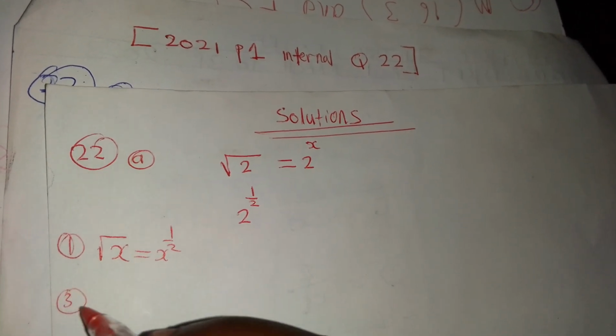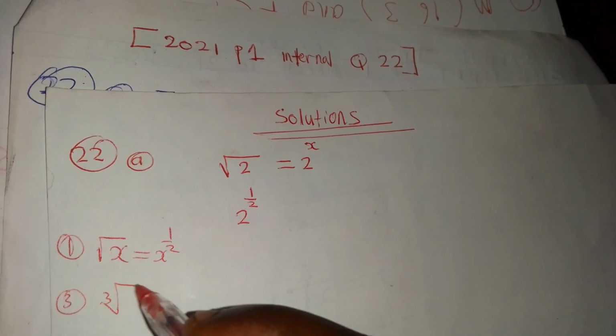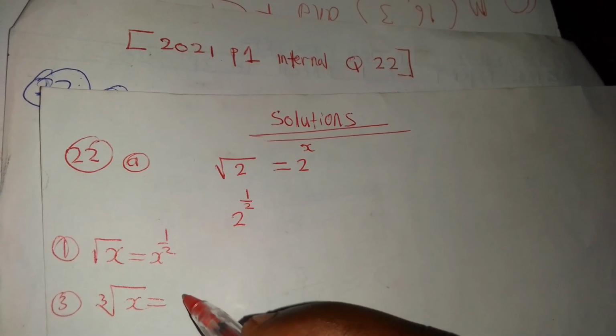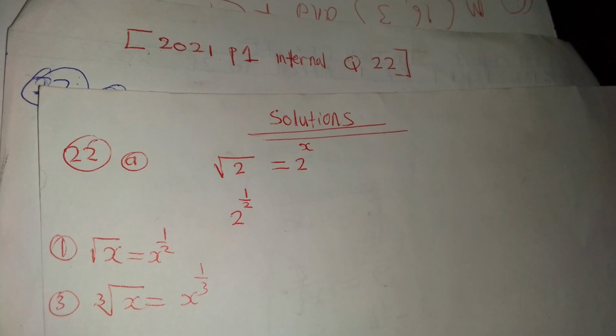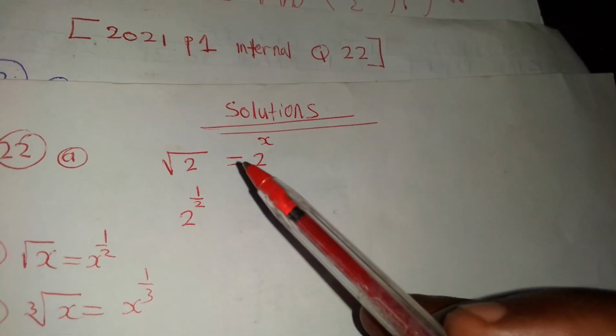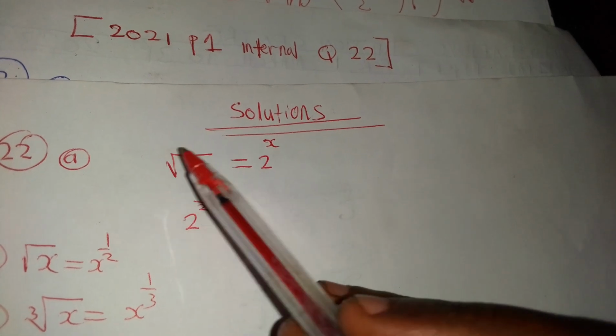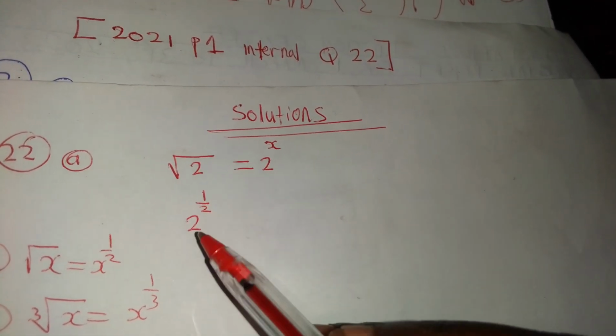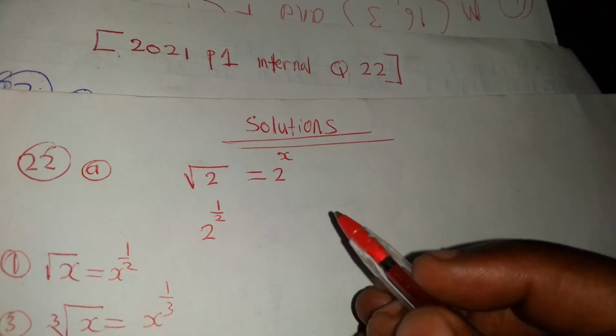Then if you have a cube root of x, this means x to the power 1 over 3. Okay, you see that? Now, in this case, we have square root of 2. It means 2 to the power 1 over 2.